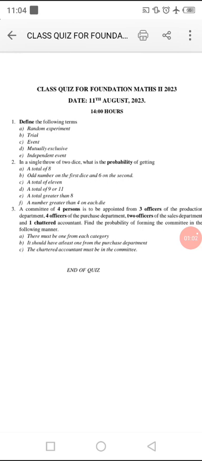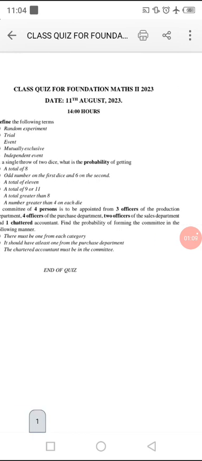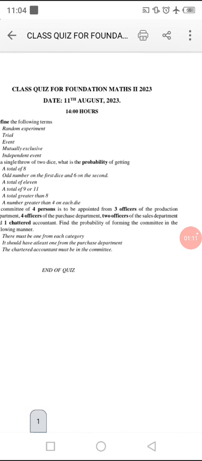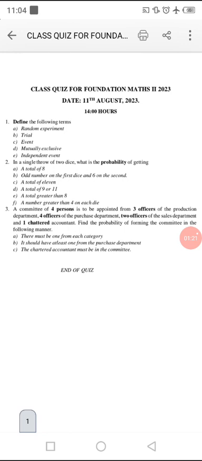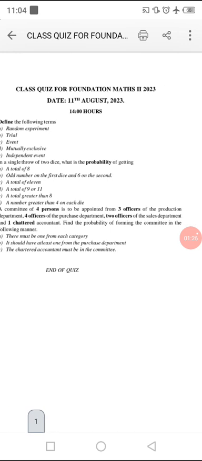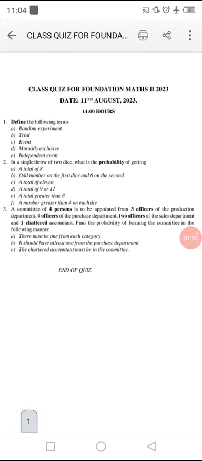So let me say 3 officers from the production department, then 4 officers from the purchase department, then 2 officers from the sales department, and 1 officer from the chartered department or chartered accountant.